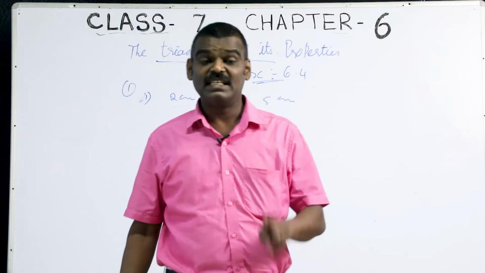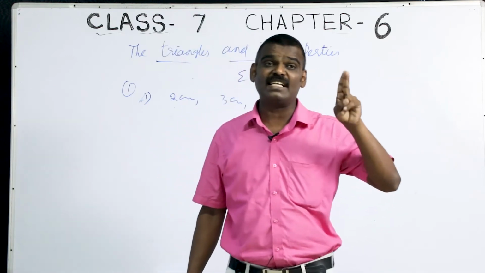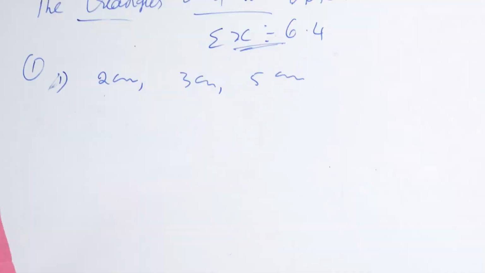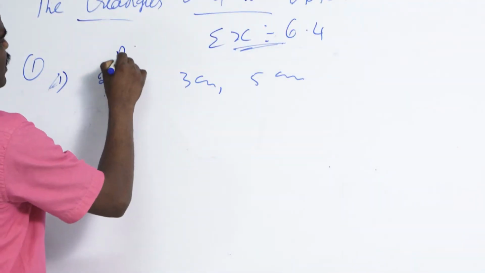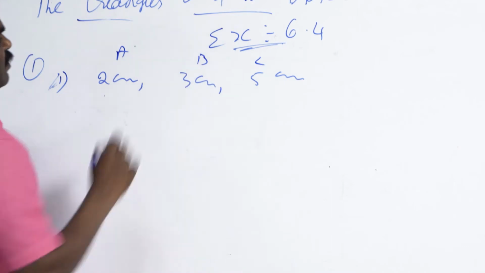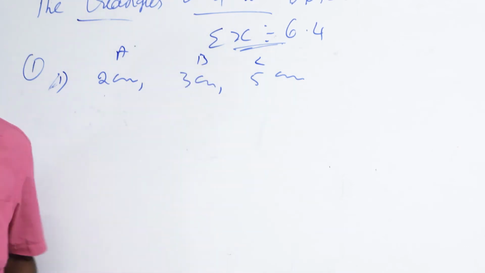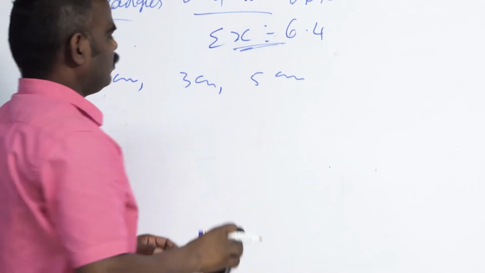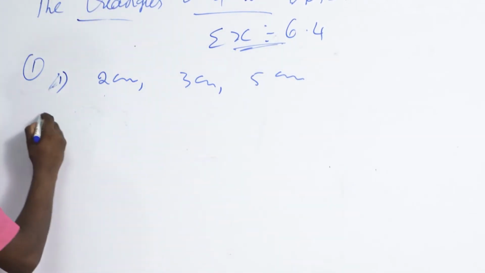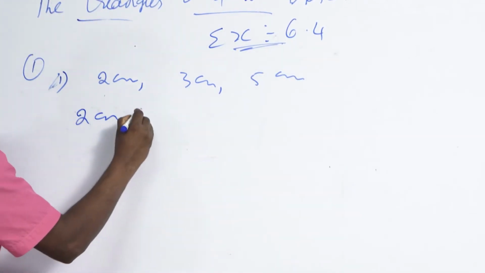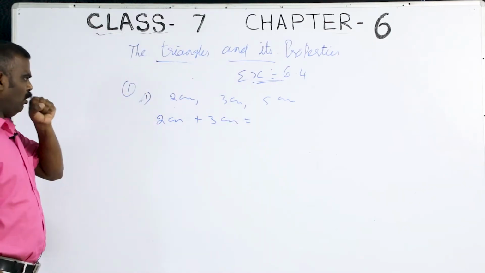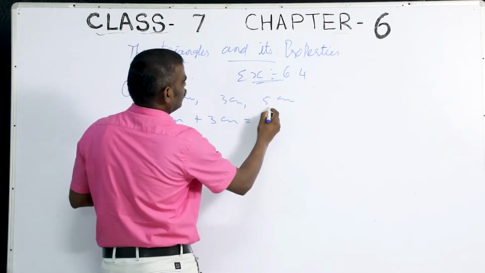What is the rule? Sum of any two sides is always greater than the third side. Always greater than. Let's say this is A, this is B, this is C. Suppose 2 centimeter plus 3 centimeter, how much?